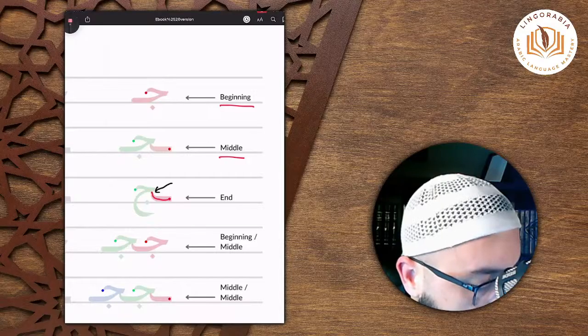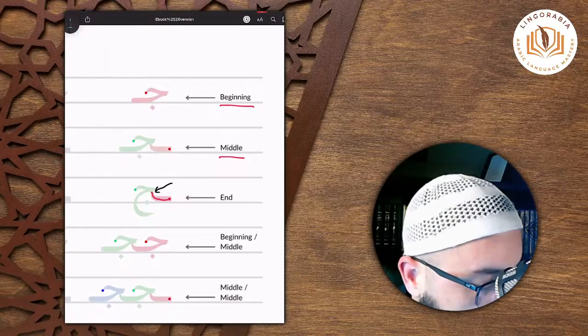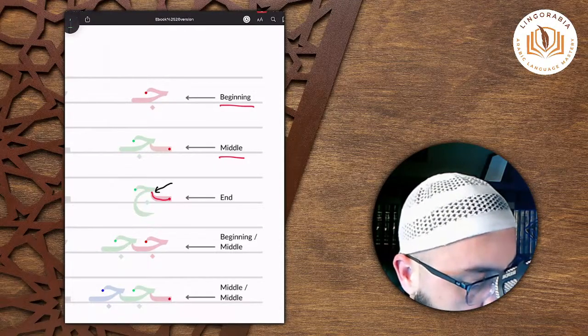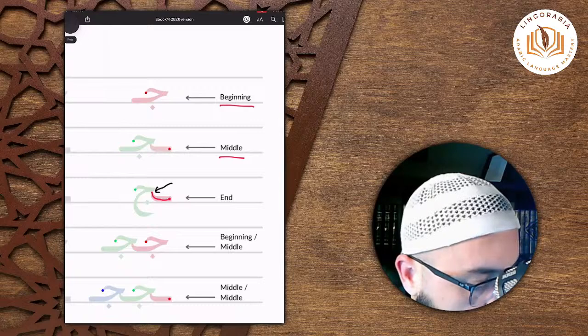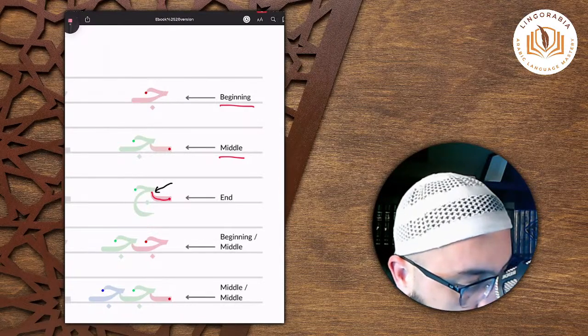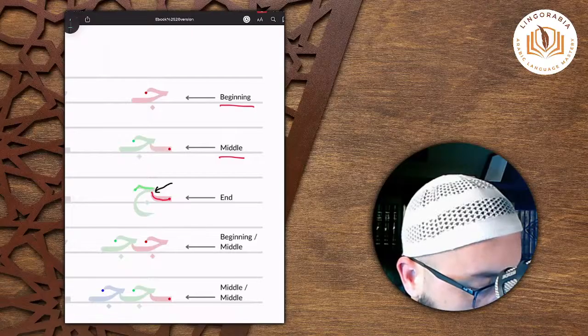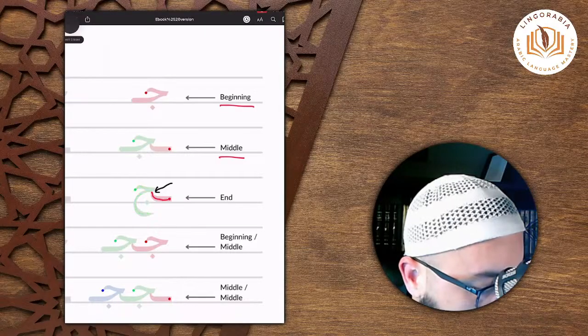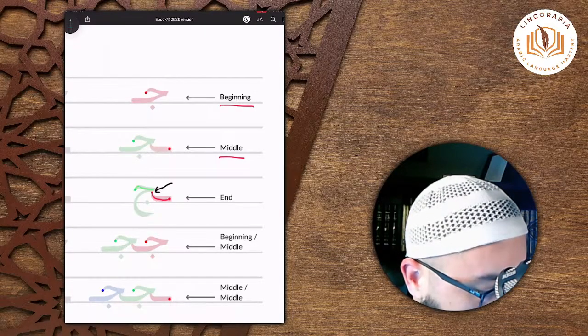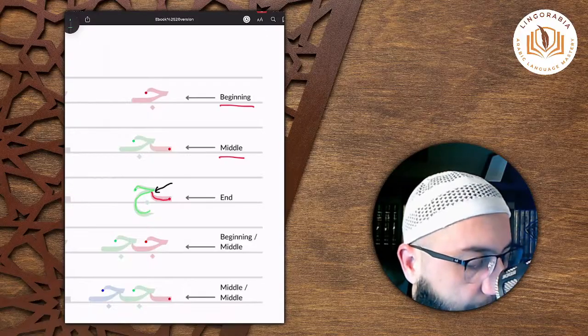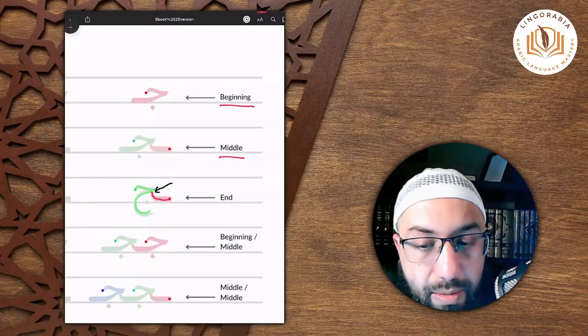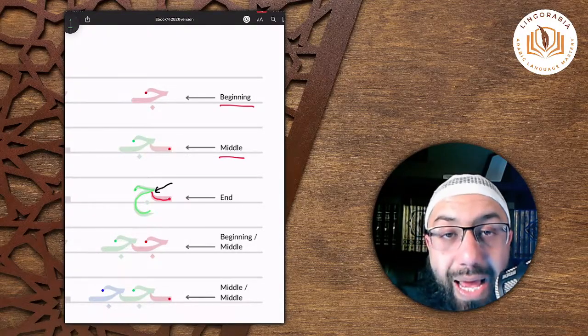You go up, you go to the right and you draw the jim. Again, you go up, you go to the right and you draw the jim. So this is how you write it, and this is similar to the middle.